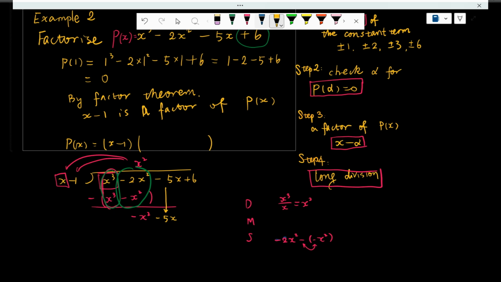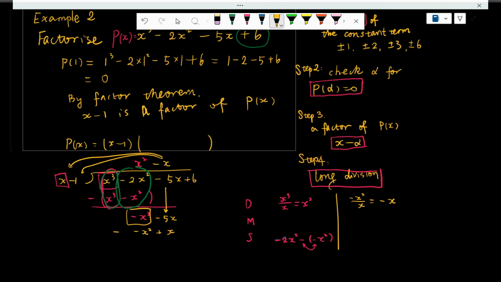Now the leading term is negative x squared. And negative x squared divided by x, we will have negative x. Then record the quotient above the horizontal line. Then multiply it back. Then we will have negative x times x, negative x times negative 1. The result is here.